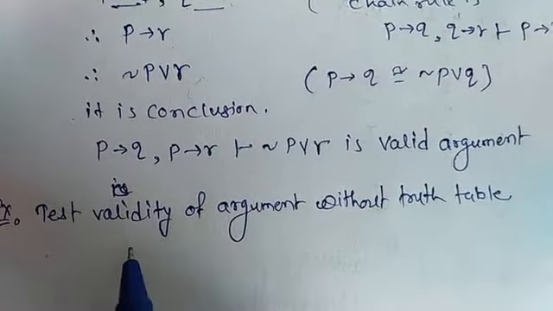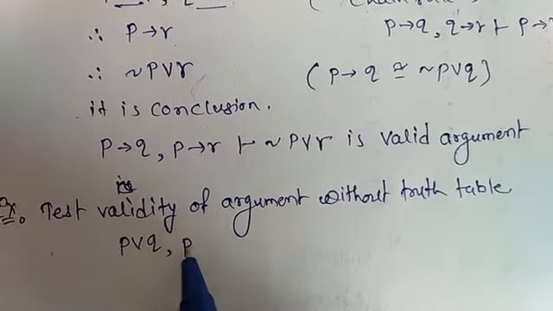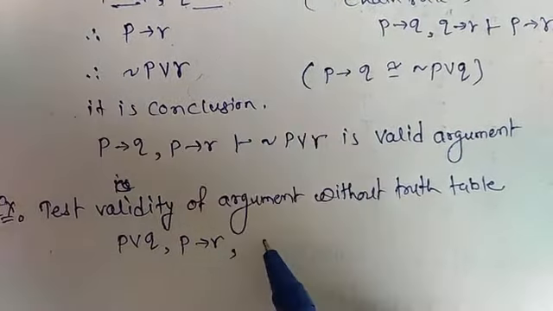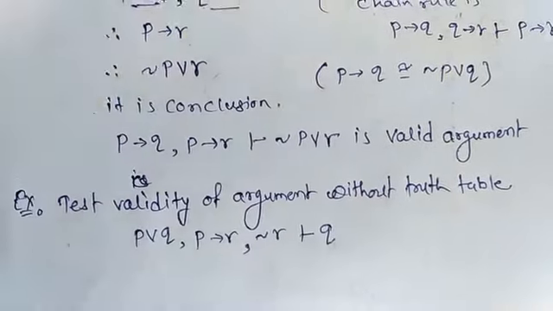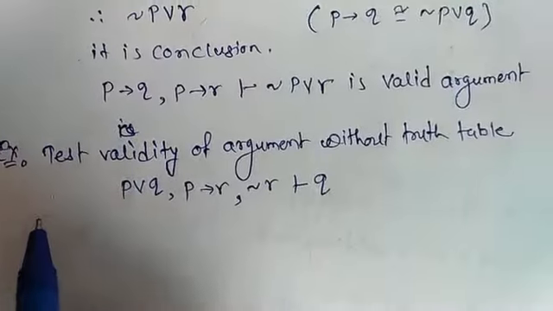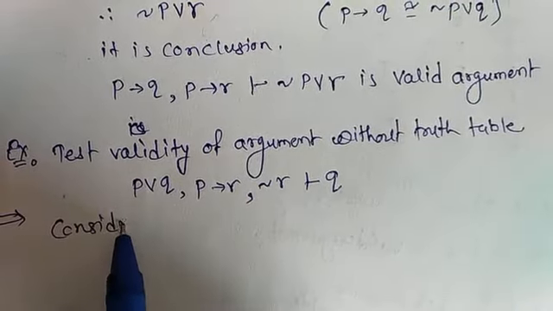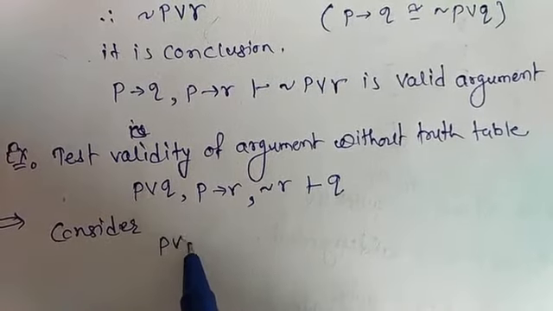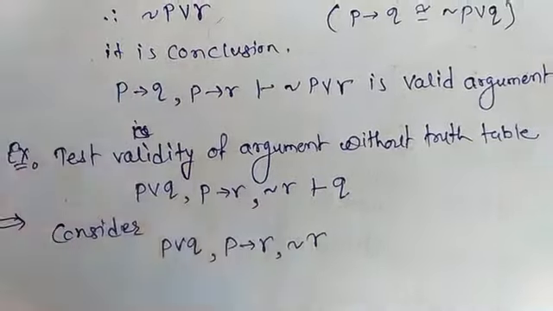Here the given premises are P or Q, comma P implies R, comma negation R, conclude Q. Now in the solution, consider the premises P or Q, comma P implies R, comma negation R.